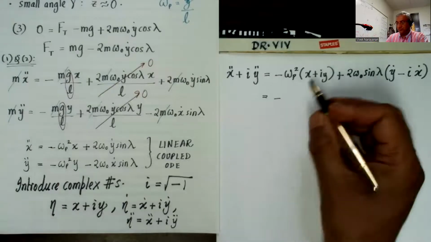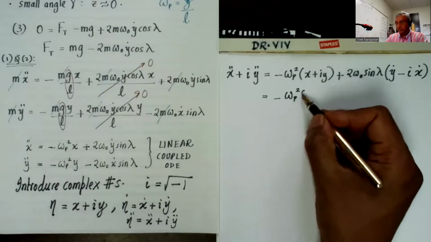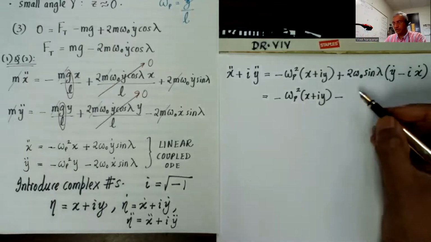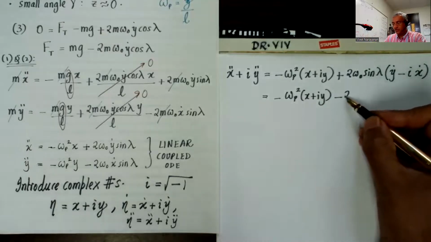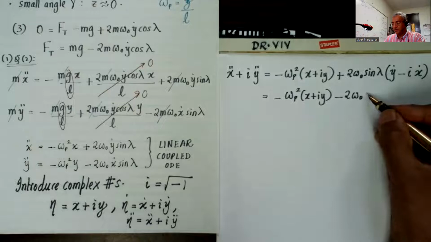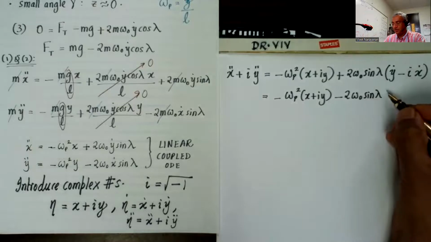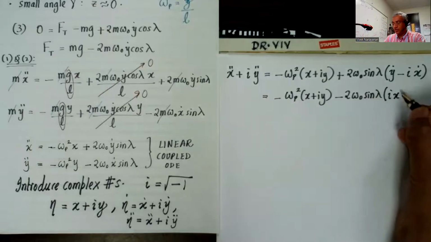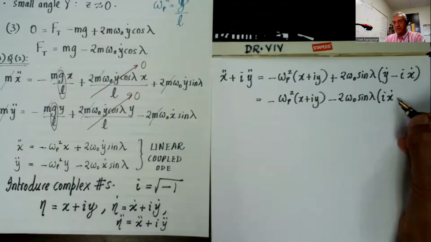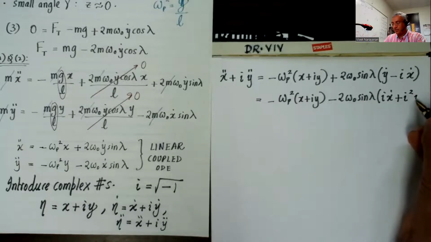Now, this can be written as follows. I can take a minus sign outside, and I can write this as negative 2 omega naught sine lambda times (i x dot minus y dot). But instead of writing minus y dot, I'm going to write this as plus i squared y dot.